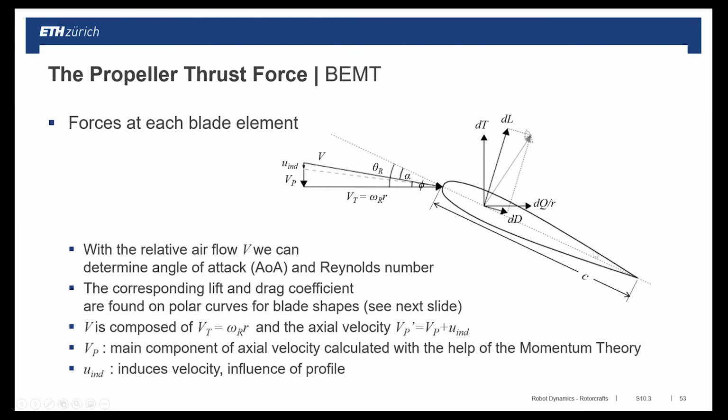Imagine this is a blade of a rotor, of a quadrotor or whatever helicopter, and the distance from the center to the element you're looking at, typically a blade element, only a small part of the wing. The speed of this part is equal to the rotational speed of the main rotor multiplied by the radius at this point. And this gives the forward speed at this point.